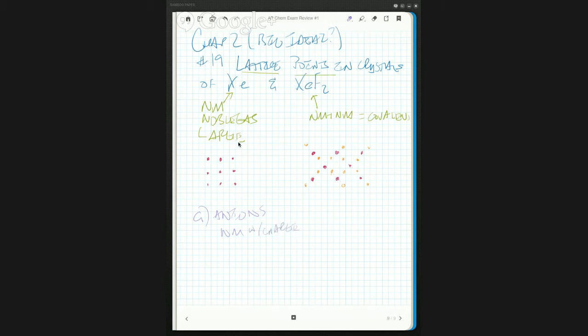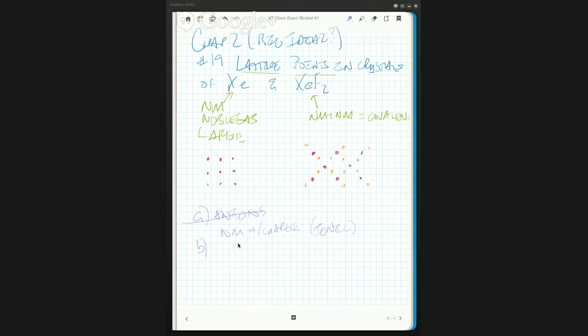Do we see that? I see covalent. This is all covalent. You get anions from ionic compounds, so I don't think that can be possible if we have these covalent bonds. An anion is a nonmetal, but it's part of a metal-nonmetal combination that is ionic. So that means A is out.